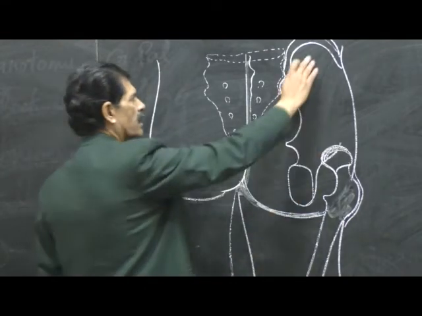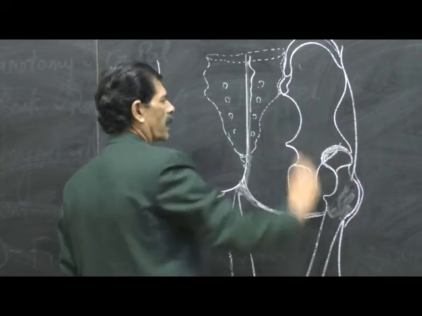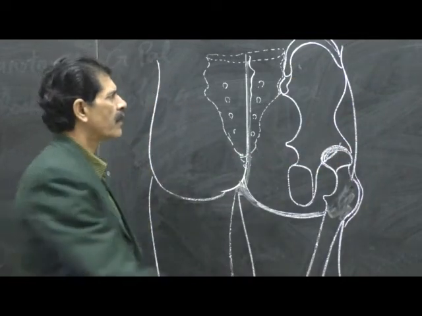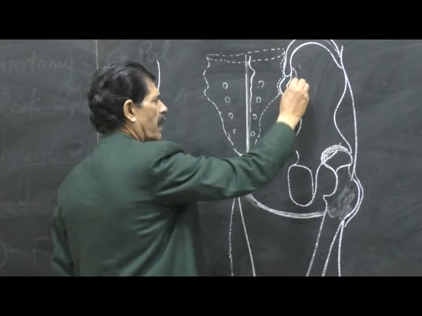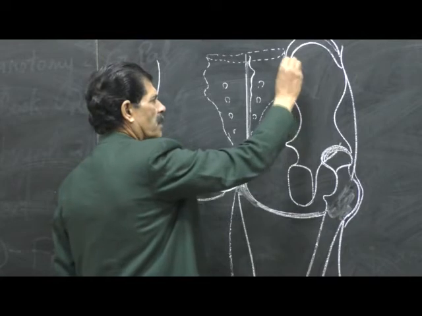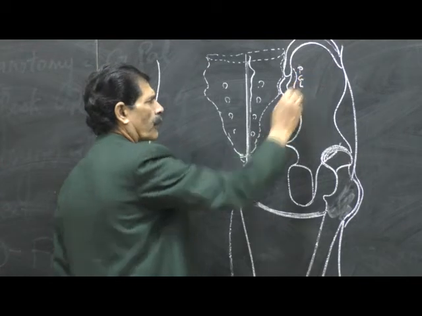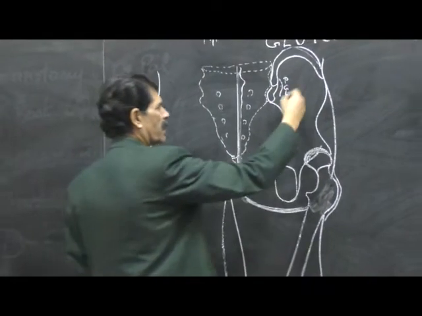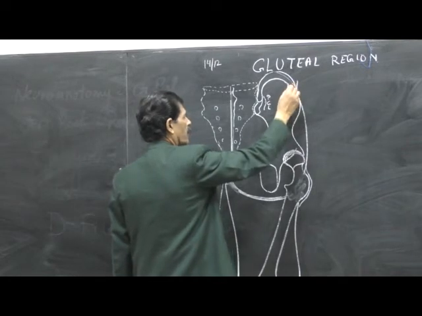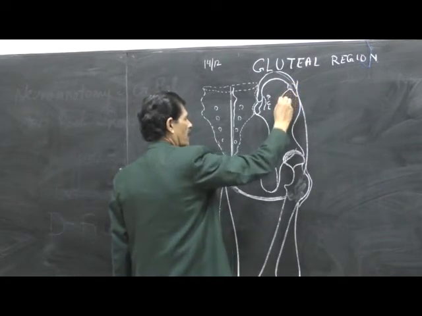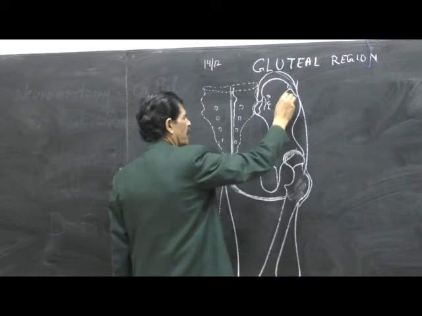This is the gluteal surface of the hip bone, and here lie the three gluteal lines. One gluteal line which is very near to the posterior superior iliac spine and runs parallel is called the posterior gluteal line. Then a gluteal line lying in front of it, which starts from the iliac tubercle of the outer lip and descends downward, almost parallel with the posterior, is called the anterior gluteal line.